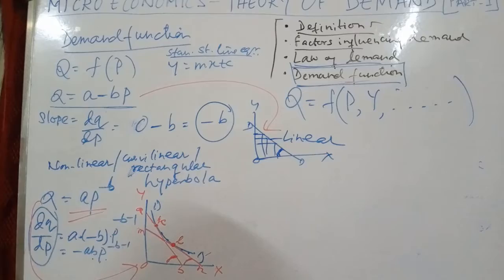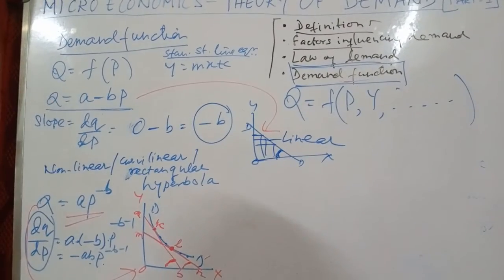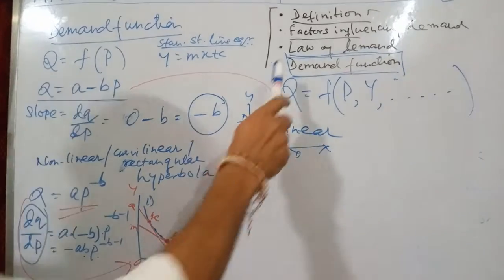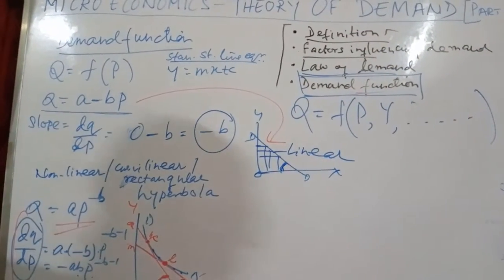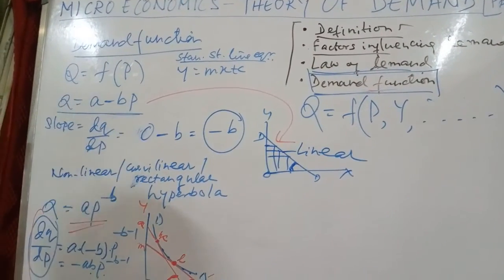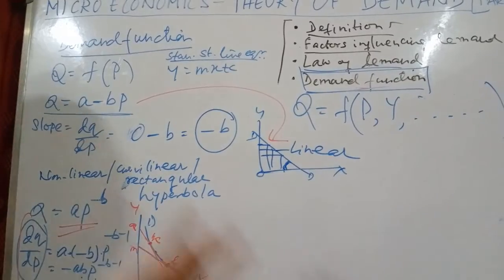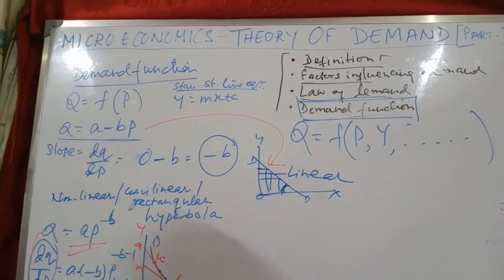And in this episode, since we are learning the law of demand, we are only concerned with price, that is the relationship between price of a commodity and quantity demanded of that commodity, other factors remaining unchanged.